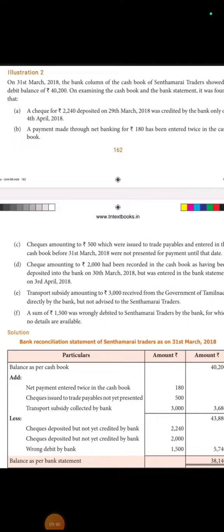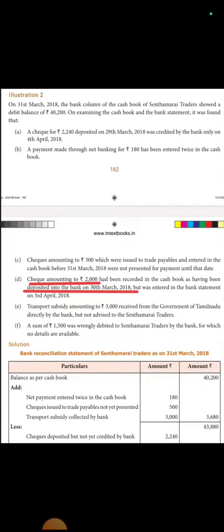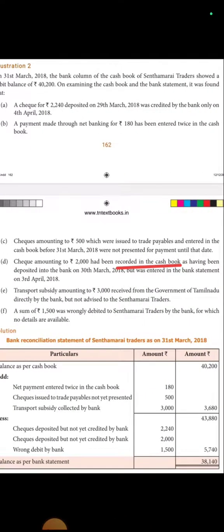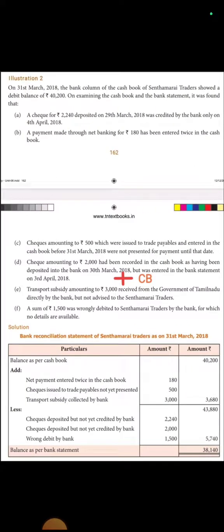Let's see the next transaction, that is check amounting to rupees 2000 had been recorded in the cash book as having been deposited into bank on 30th March 2018 but was entered in the bank statement on 3rd April 2018. Listen, on 30th March, we deposited a check of rupees 2000 into a bank, right? As usual, after depositing a check into a bank, we added rupees 2000 in our cash book.